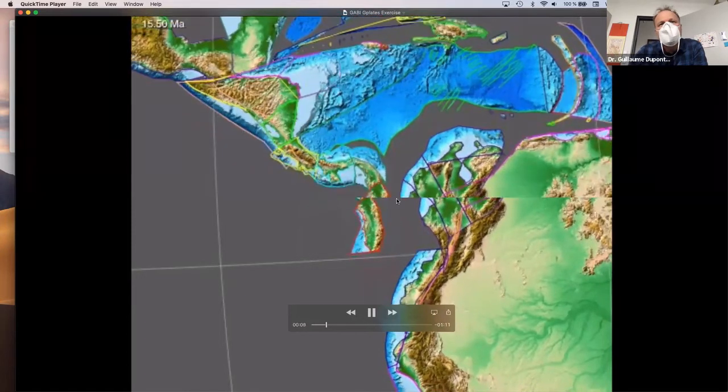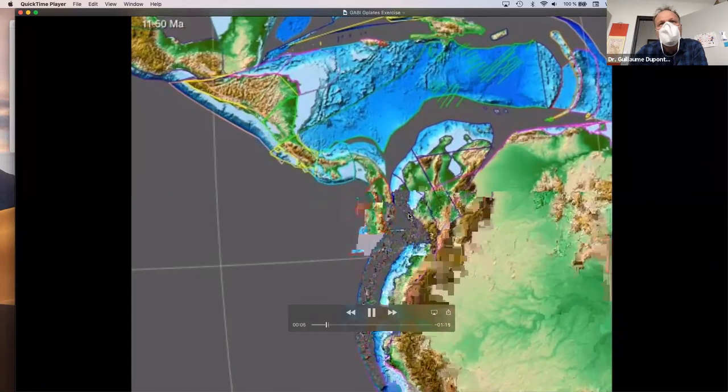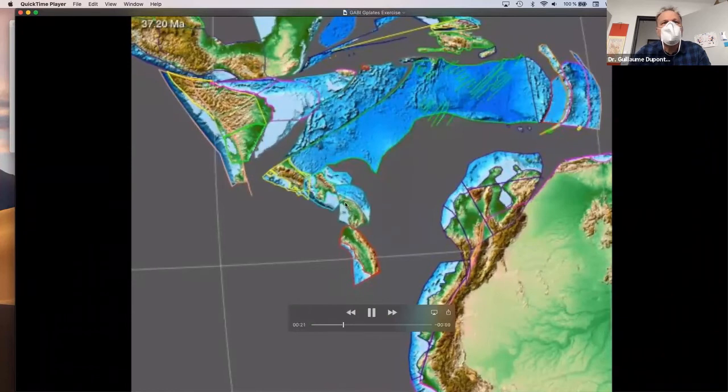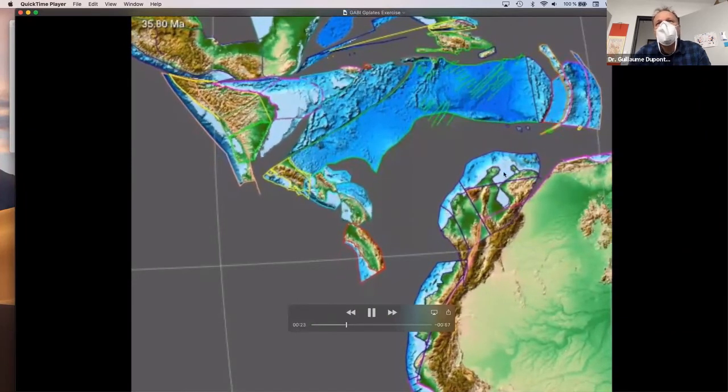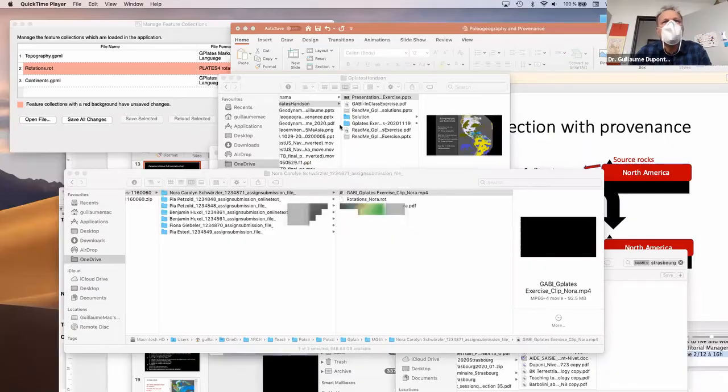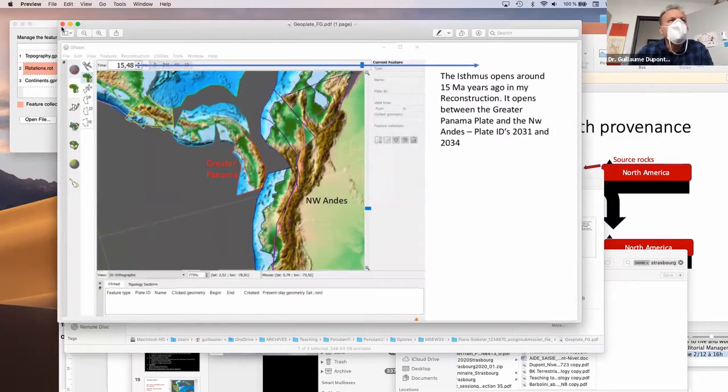And then it's more or less the same as the other one, with the same results. So it looks like you worked with the same files. Okay, well, that's okay.